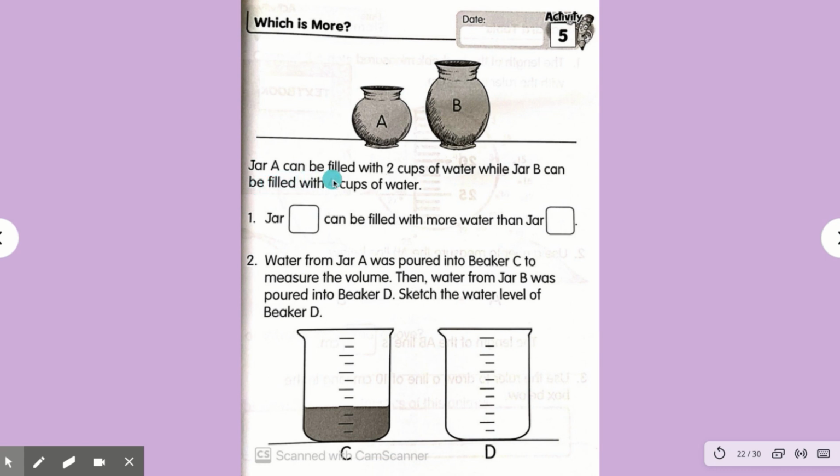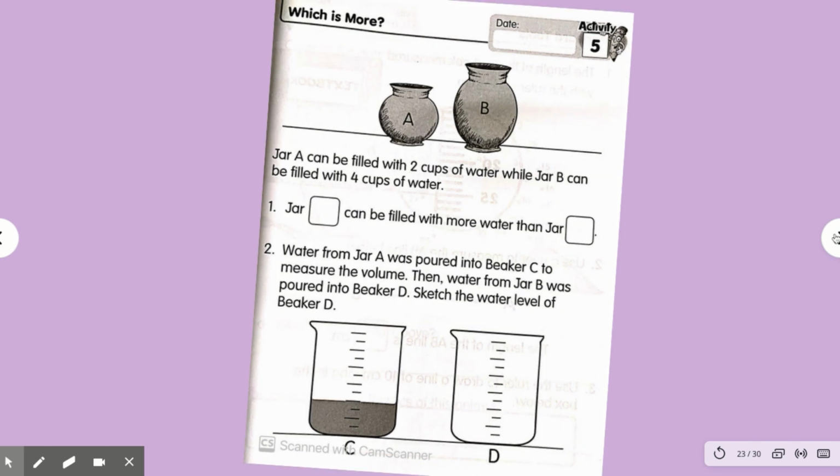Jar A can be filled with 2 cups of water, while jar B can be filled with 4 cups of water. Jar can be filled with more water than jar. What do you think? Which jar has more water? Can you get the answer?